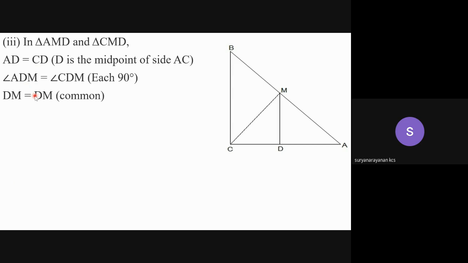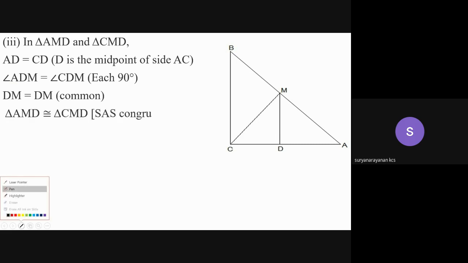Side, angle, side. Here we have taken one side, one angle, one side. By using this congruency criteria, we can say that triangle AMD is congruent to triangle CMD by SAS congruency rule.